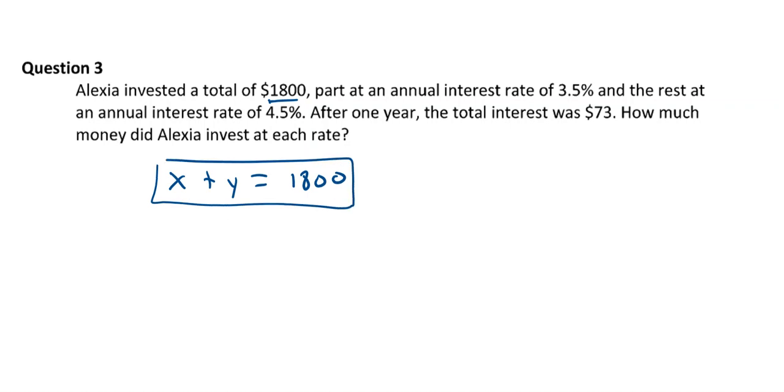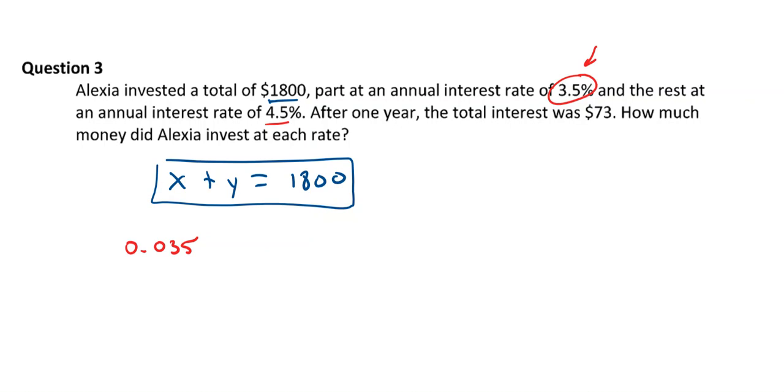My second equation is a little bit tougher. It's saying that the first part was at 3.5%, the second part was at 4.5%, and she ended up making $73. So we have to figure out percentages of the parts. The first part, x, was at 3.5%. Remember, when you want to use a percentage, you write it as a decimal. So this would be 0.035. That is 3.5% divided by 100, written as a decimal, with the decimal place moved over 2 times.